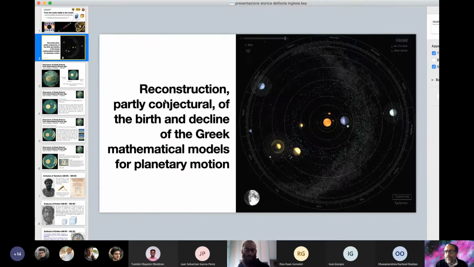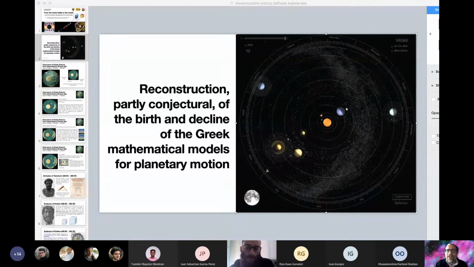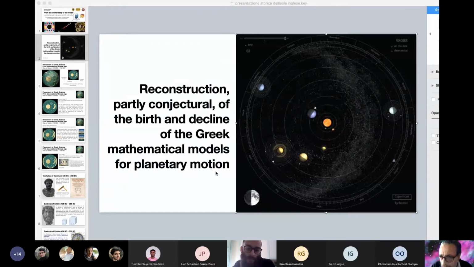Okay, what I will present in this first part of this lecture is the reconstruction, which is partly conjectural, of the birth and decline of the Greek mathematical models for planetary motion.